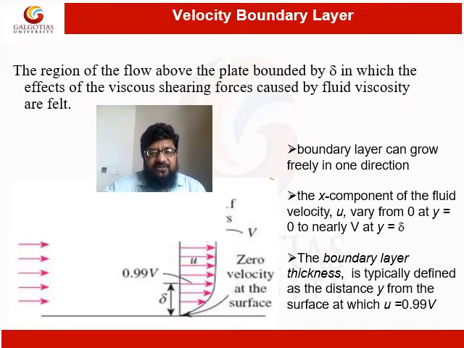In this way, a gradient will be set up in the direction normal to the surface, and the velocity which was zero at the solid surface will increase very fast to approximately the uniform velocity which was incoming from the left.